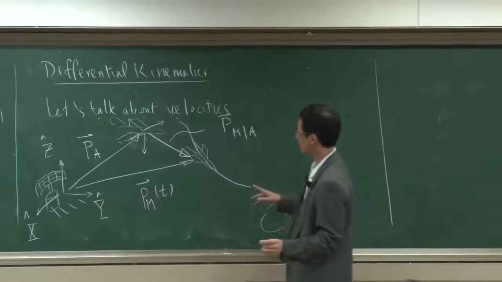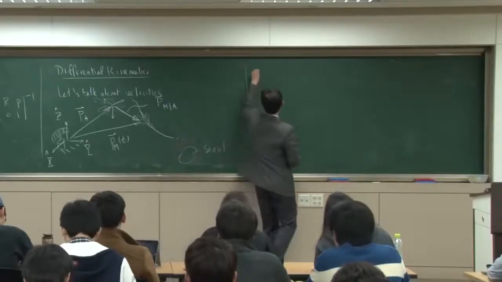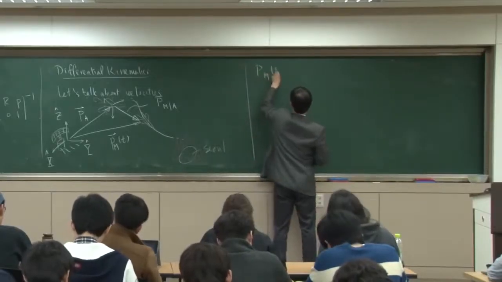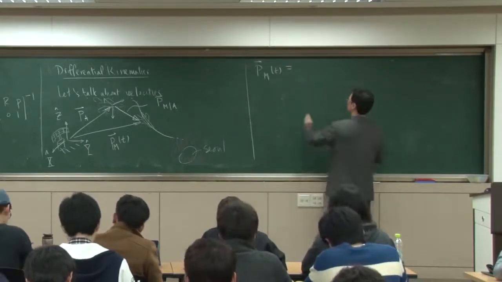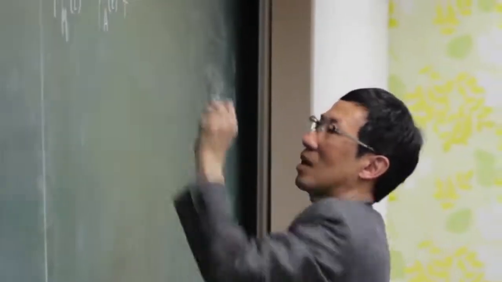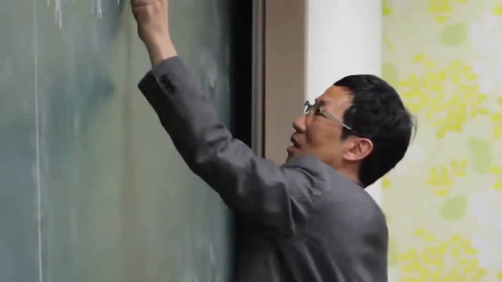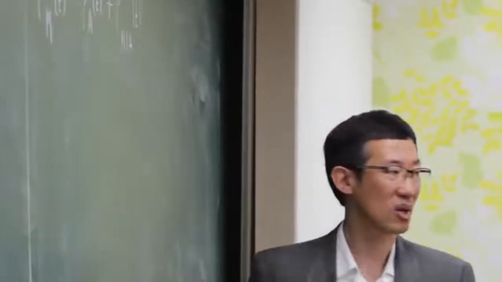Okay. Position of the airplane. Okay. So we want P_M of t. And this can be expressed as P sub A plus P_M given A, also function of time.